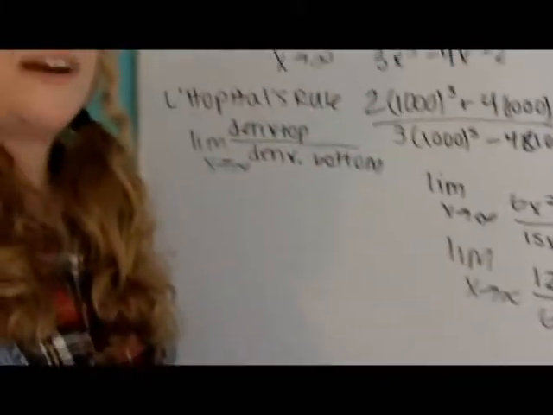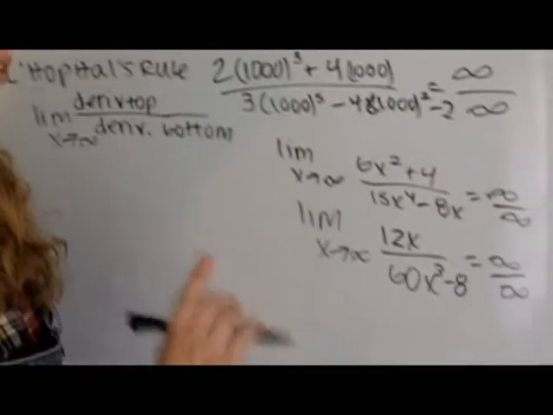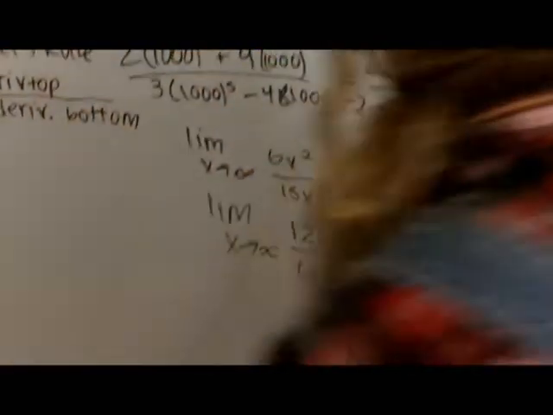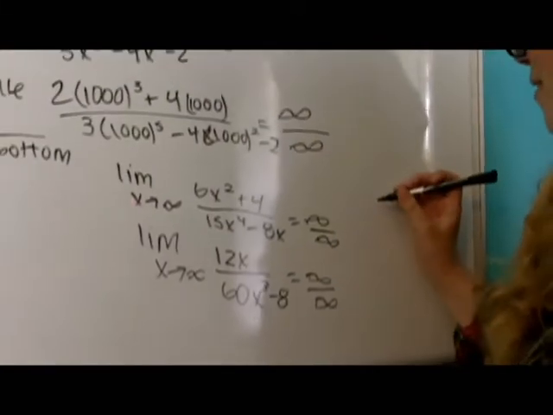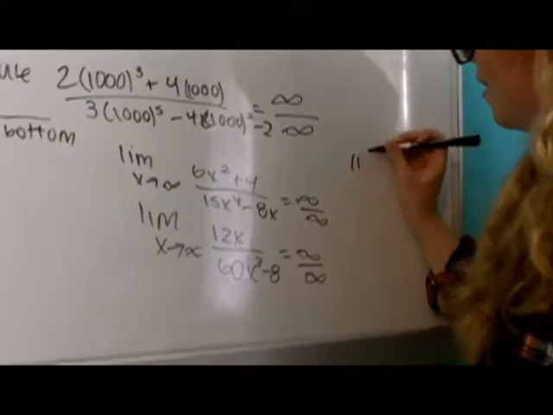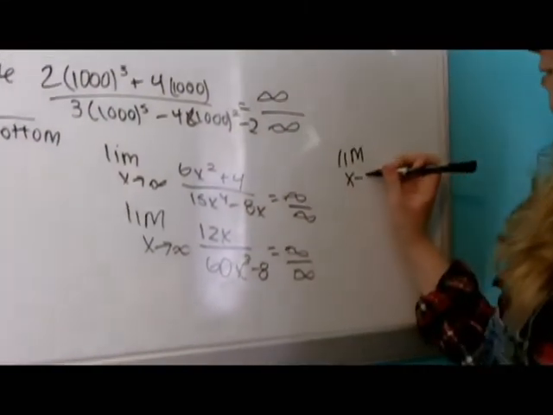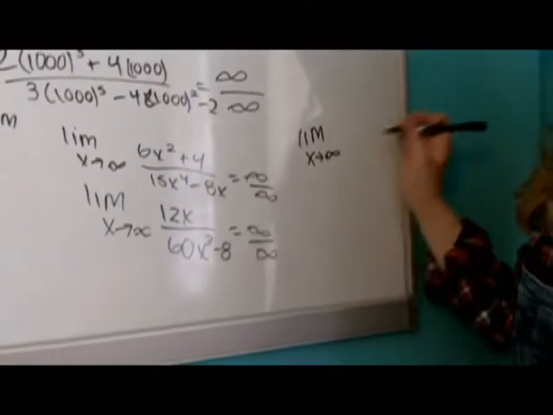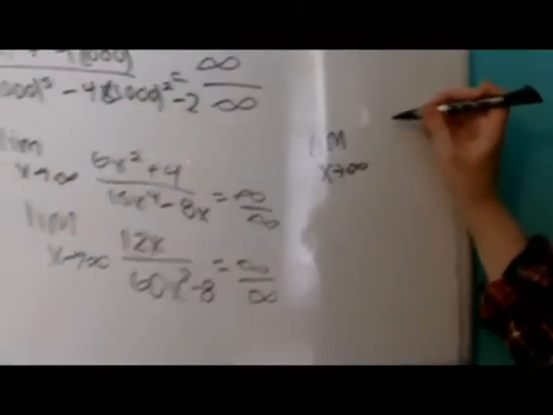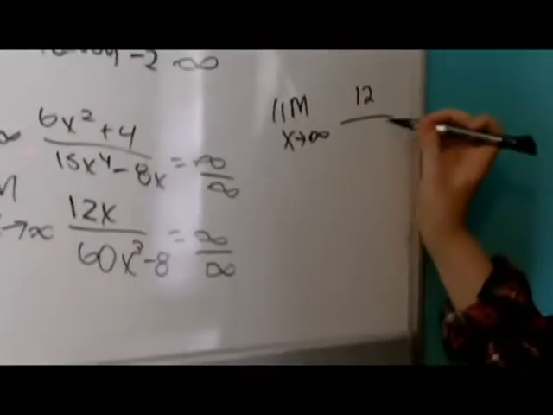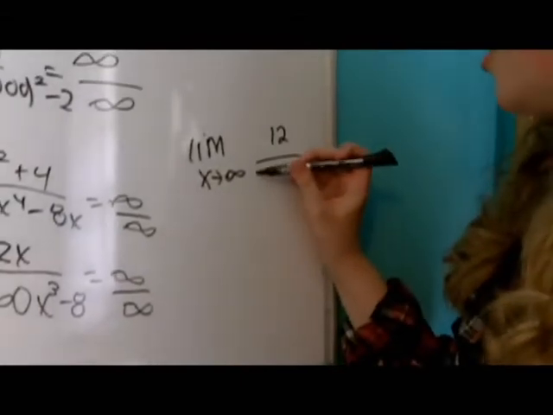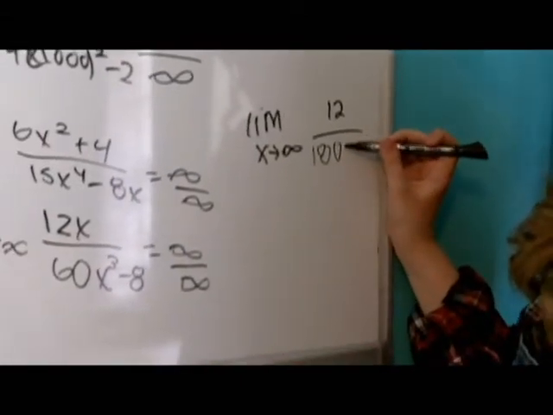So that means we're going to have to do L'Hopital's rule one more time. So the limit as x approaches infinity, that's just going to be 12 over 180x squared.